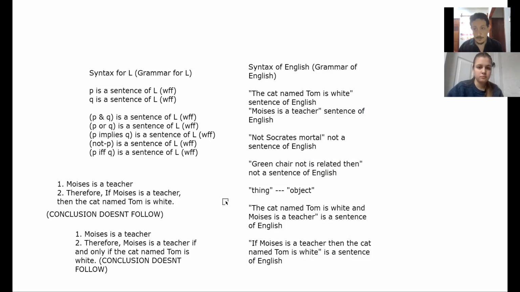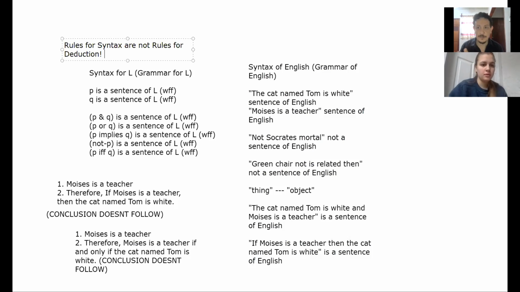It has nothing to do with each other, right? This is super important.